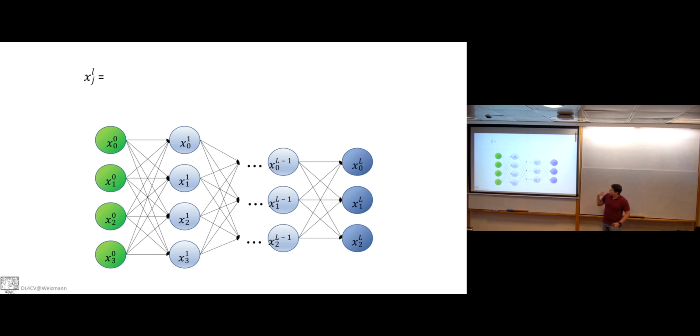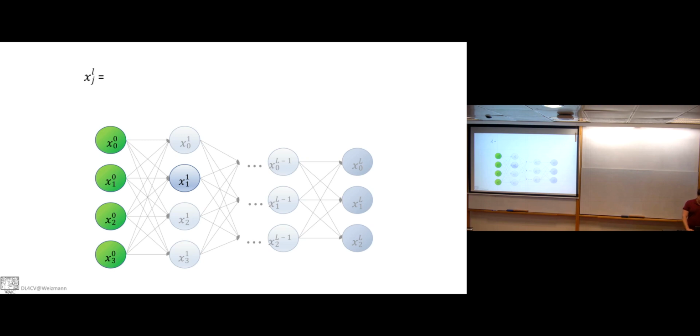And the function that we're going to have for the neuron in layer L and number J is going to be defined this way. So for example, we're looking at this X11 neuron, and we're looking at all the weights from the previous layer that are connected to this neuron.